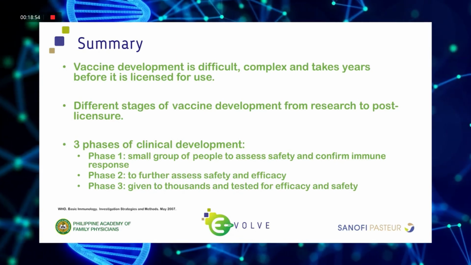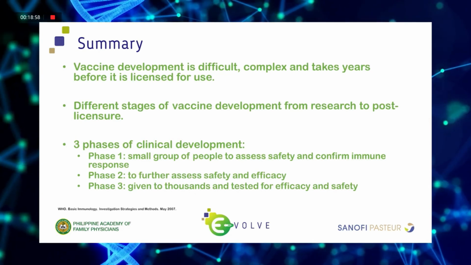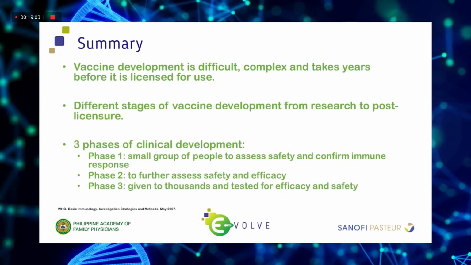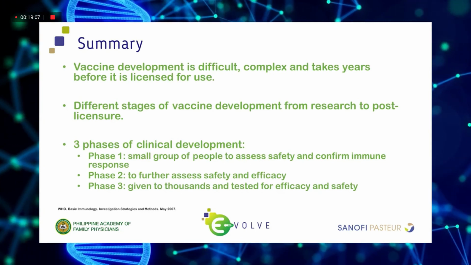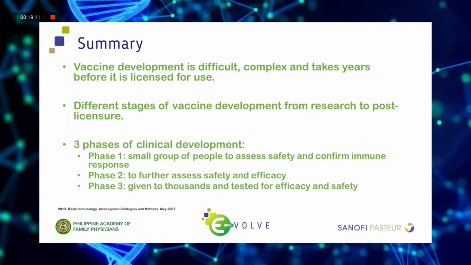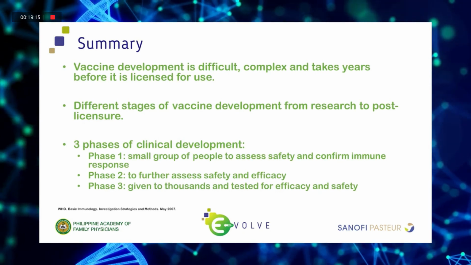Most of the time, phase 3 trials are conducted across multiple countries and multiple sites within a country to assure the findings of the vaccine performance apply to many different populations. Many vaccines undergo phase 4 formal ongoing studies after the vaccine is approved and licensed.